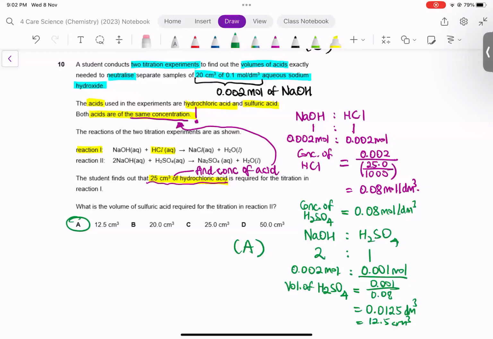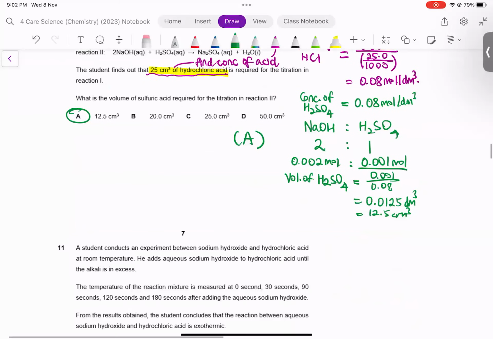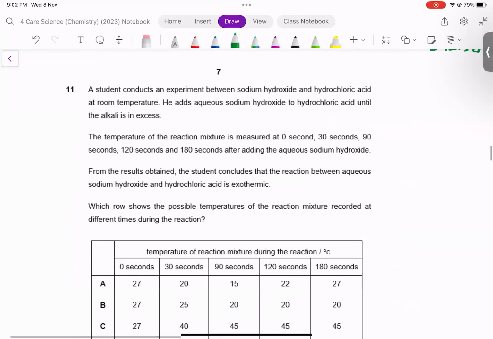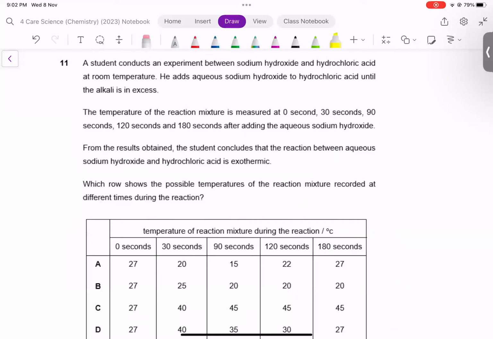Okay, now moving on to question 11. Now question 11 also happens to be one of those questions where there is a lot to be read. So whenever you are dealt with a wall of text like paragraphs, you will need to analyze it slowly by underlining the keywords. The keywords usually have to do with the chemical names, have to do with the numbers, right?